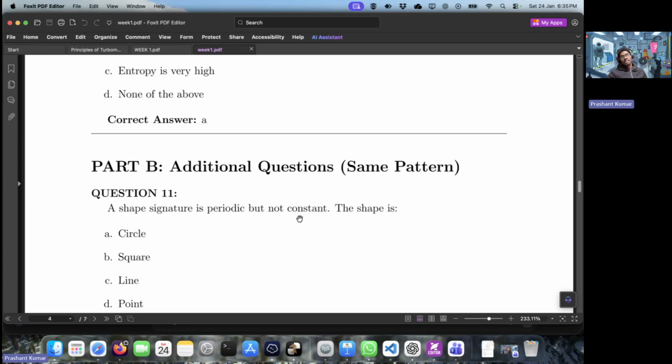It can be a line, but it won't change from 0 to 180 and then 180 to 360. Basically, you are moving on the same line. So you will consider the answer as B.